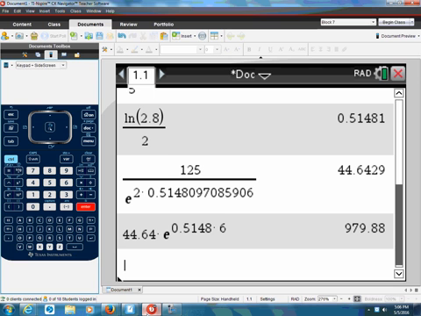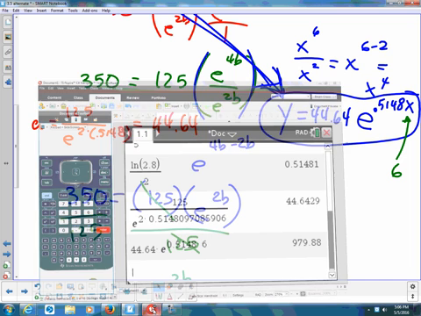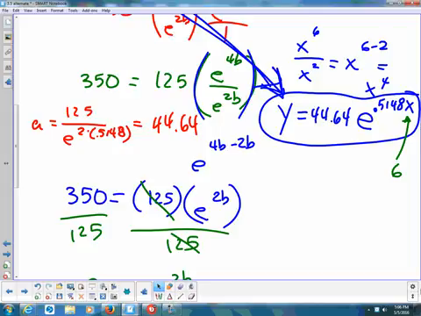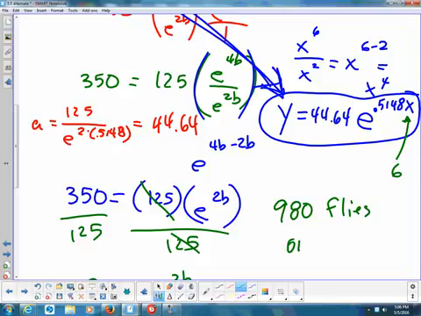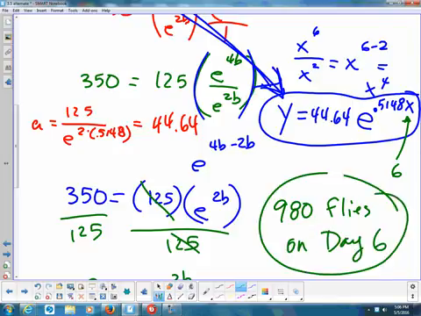There's going to be about 980 fruit flies on day 6 to answer that question. All right, I like this problem. This is a nice problem.